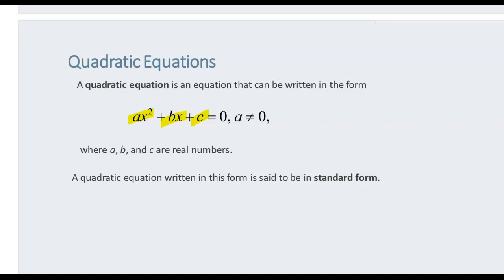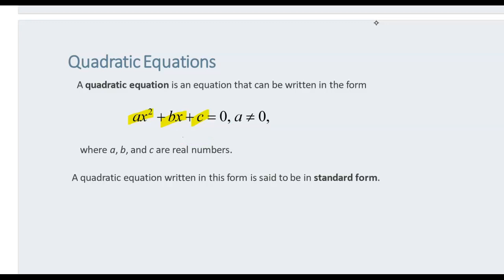It's important to consider this additional stipulation that a cannot be equal to 0, because if this first term were not here, we would have what is considered to be a linear equation, because our variable would be raised to the first power, not to the second power. So we add that little additional caveat just to make sure that it's in fact a quadratic.